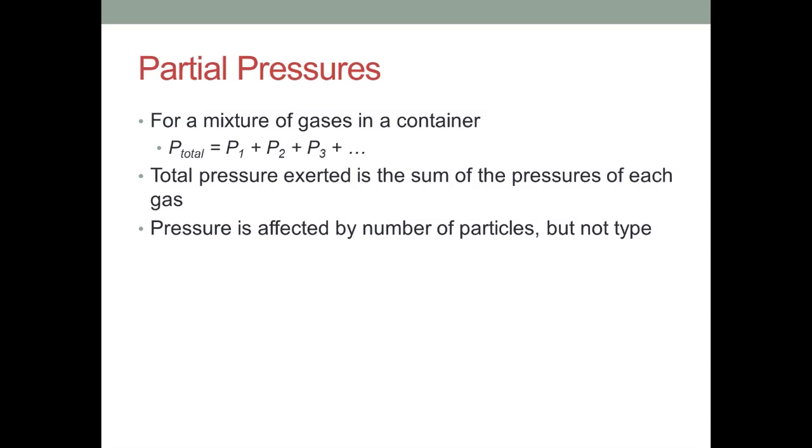And the mixture then can give us a total pressure. And we can find that total pressure by the sum of the individual pressures. So the pressure of the nitrogen plus the pressure of the carbon dioxide plus the pressure of the oxygen in your car tires gives the overall pressure that you read from the gauge.